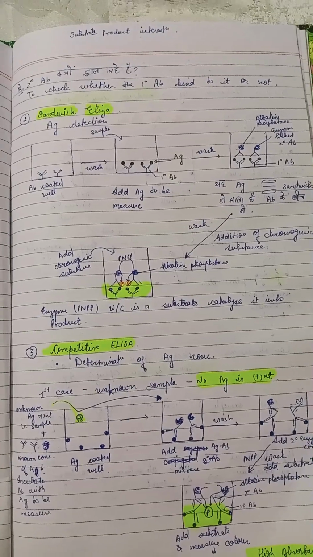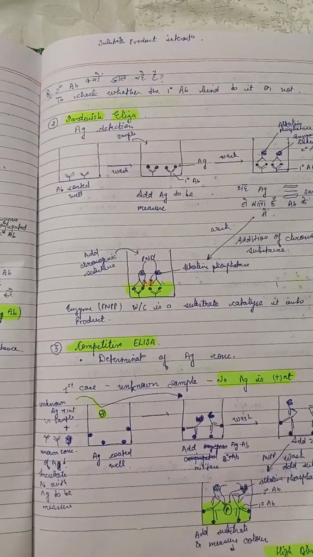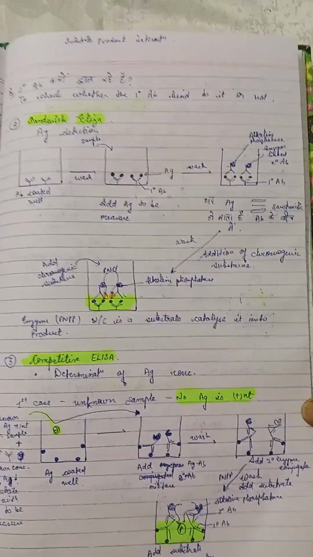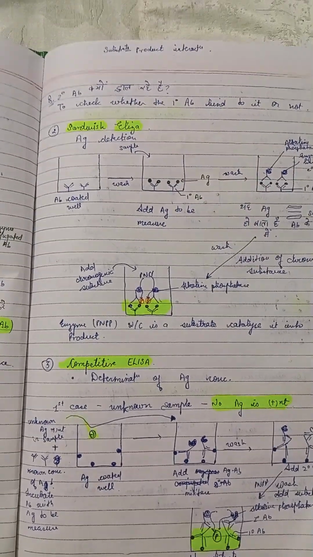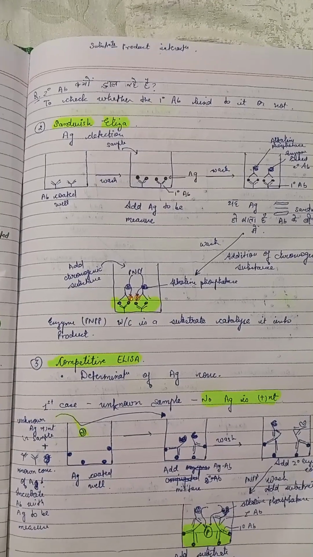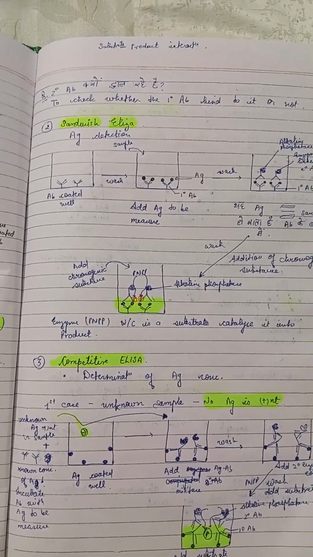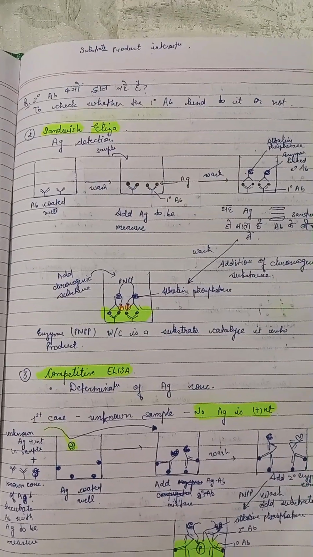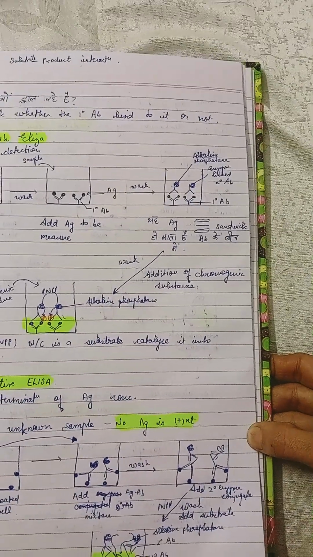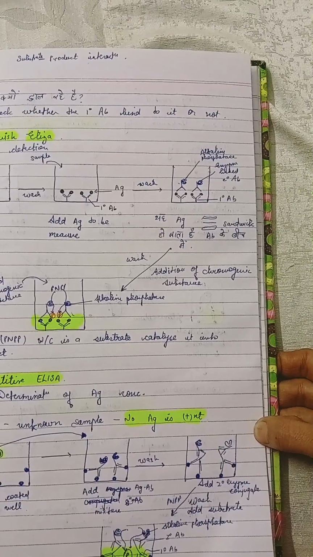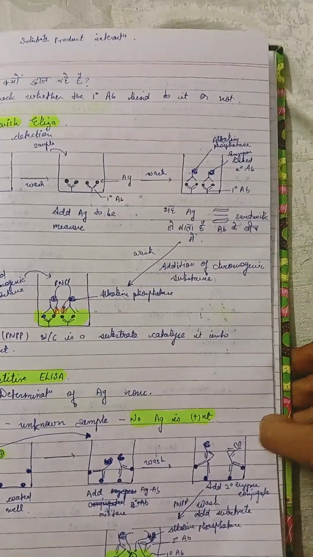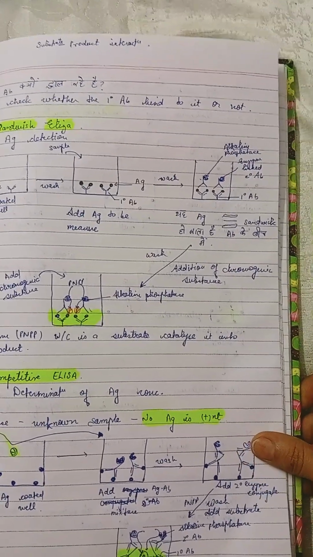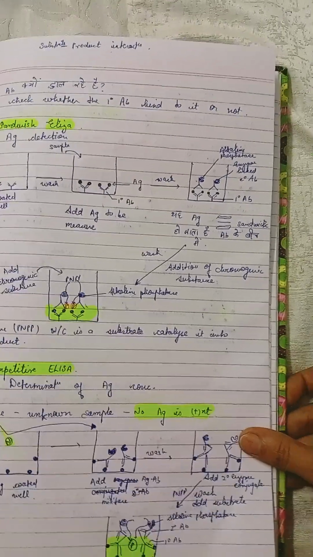Now in sandwich ELISA, as the name suggests, something is in between two components. In indirect ELISA I am using an antigen-coated well, however in sandwich ELISA I am using an antibody-coated well. I add specific antigens to it, so my coated antibody is the primary antibody, and you will observe antigen-antibody interaction. Then I wash the well and add my enzyme, for instance alkaline phosphatase. This makes a sandwich-like appearance, with the primary antibody, then the antigen in between, the secondary antibody, and then the enzyme on it.